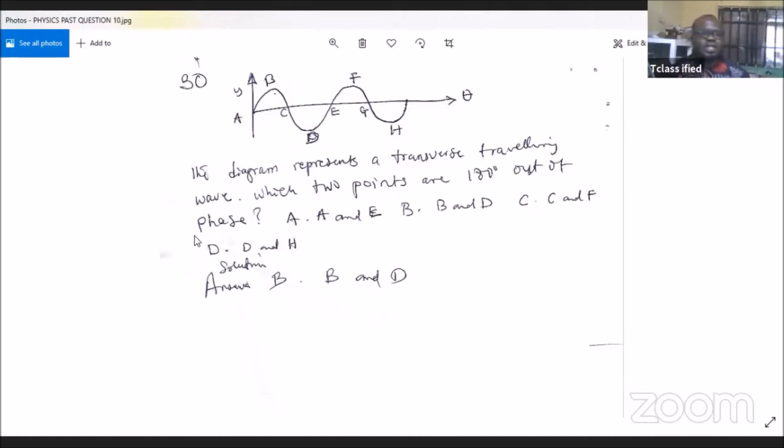Okay, you have option A and E, option B and D, option C and F, option D and H. So option A is A and E. A is here, E is here. So they actually are on the same phase.